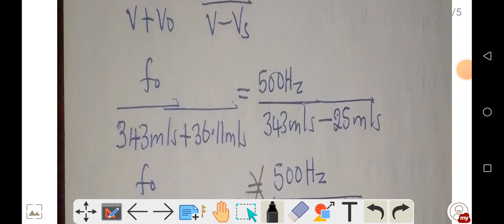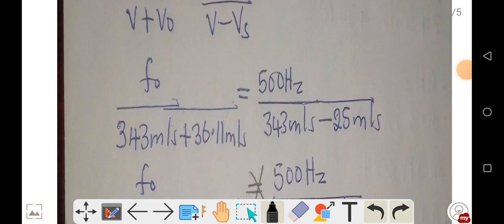So we have substituted 343 meters per second plus the velocity of the observer, which is 36.11. This observer was moving towards the source, so it was positive. That's why here when substituting, we have substituted a positive speed.